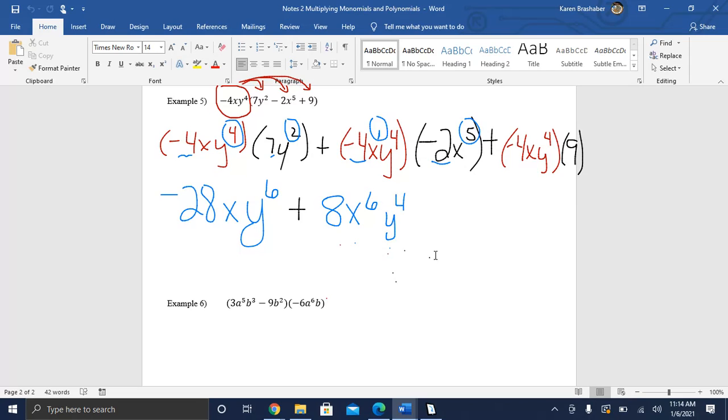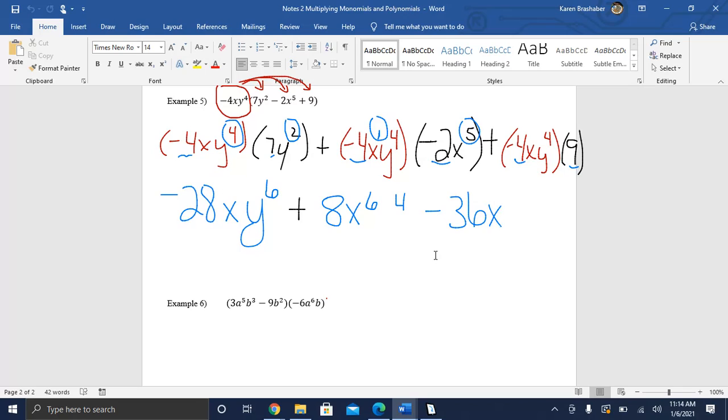Now, normally I would write a plus sign, so I'm going to go ahead and do that. But then I'll notice that I have a negative times a positive. So I'm going to go ahead and erase the plus sign because a negative times a positive is negative. 4 times 9 makes 36, so negative 36.